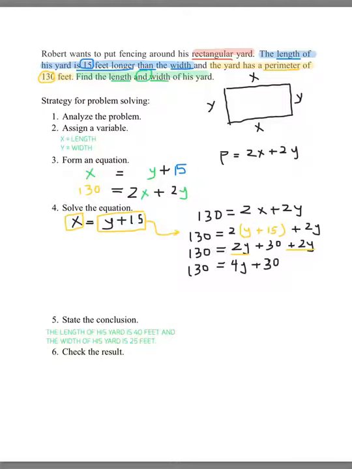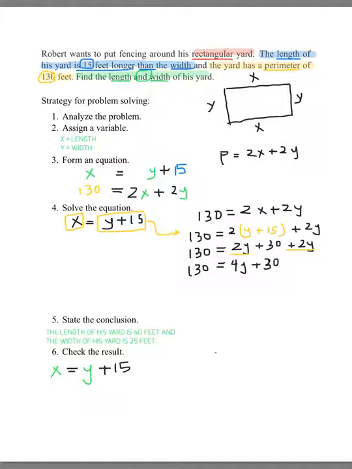So now let us go ahead and check the result. So we'll start off by bringing down the equations. So we're going to have x is equal to y plus 15 for the first equation.